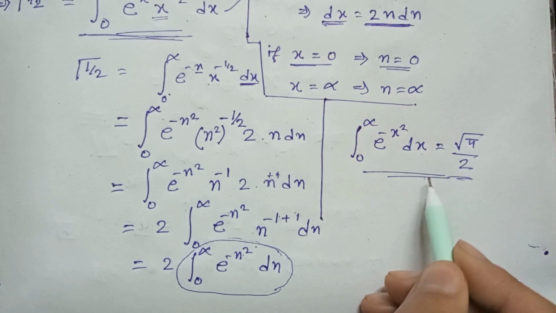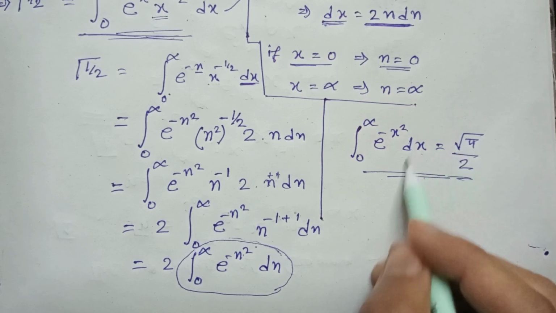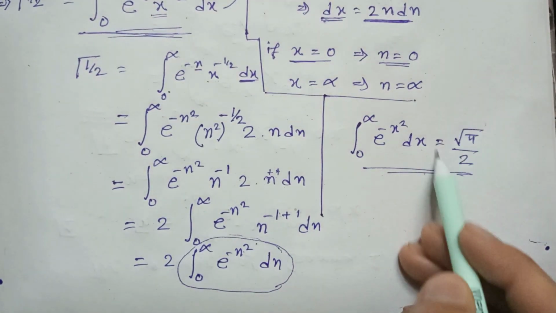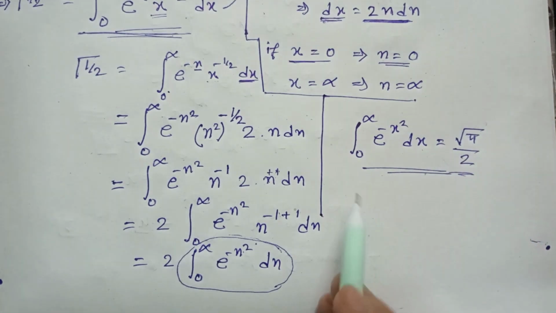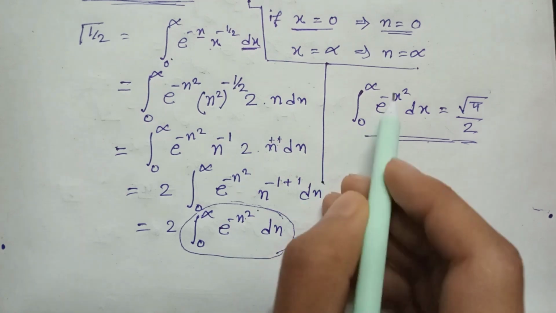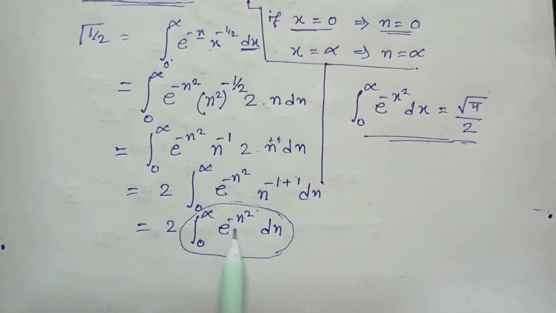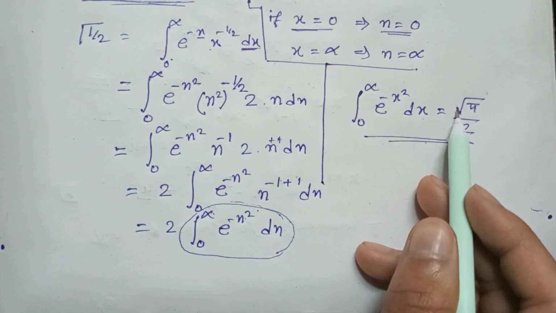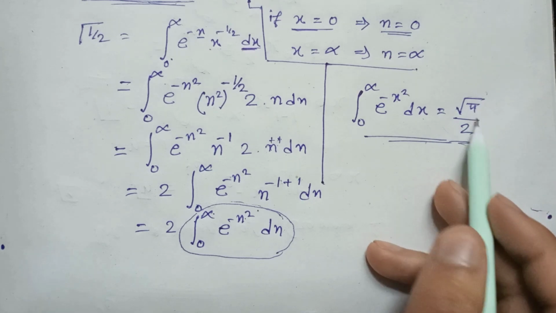For simplicity, we are just replacing the value of this integration with root over pi by 2, because here it is also e to the power minus n square dn, the same structure, just with n instead of x. The value of the integration is root over pi by 2.